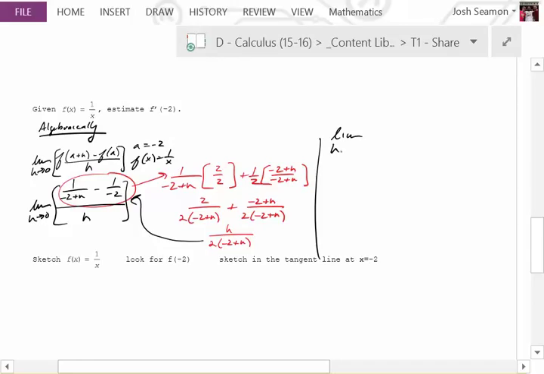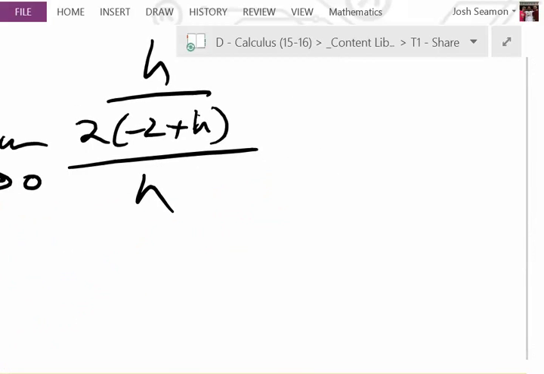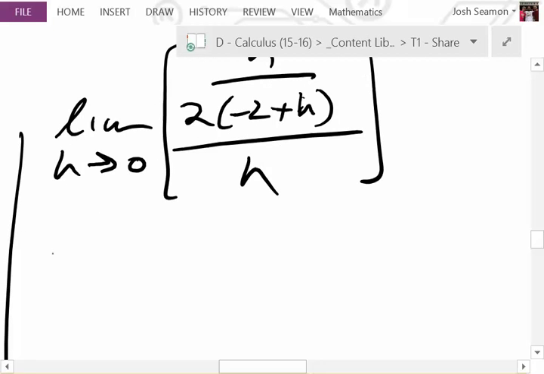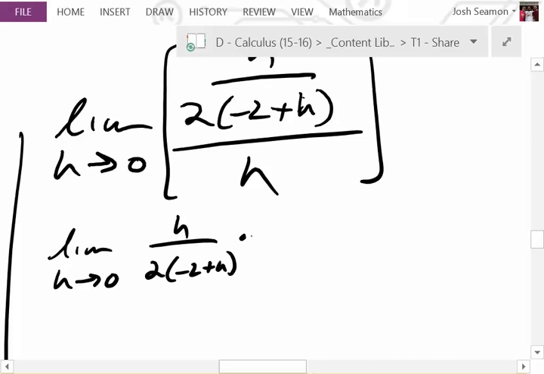Now what do we have? The limit as h goes to 0 of h over 2 times negative 2 plus h all over h. Dividing by something is the same thing as multiplying by the reciprocal. So we have the limit as h goes to 0 of h over 2 times negative 2 plus h times the reciprocal, which is 1 over h.